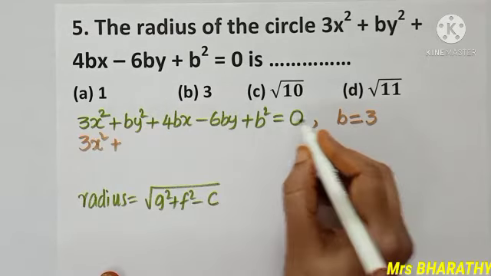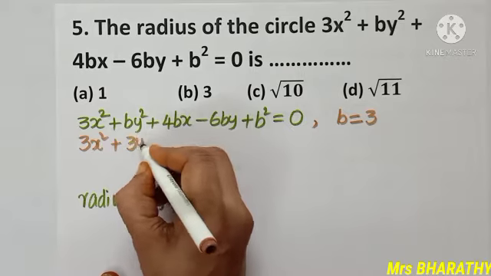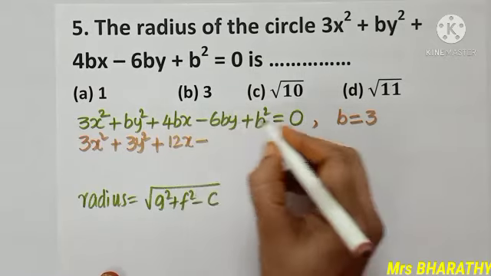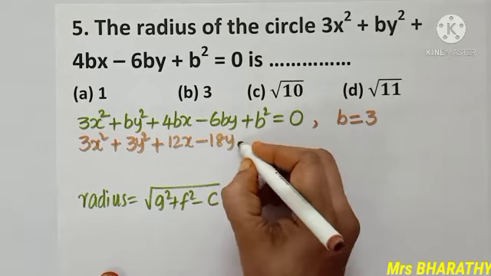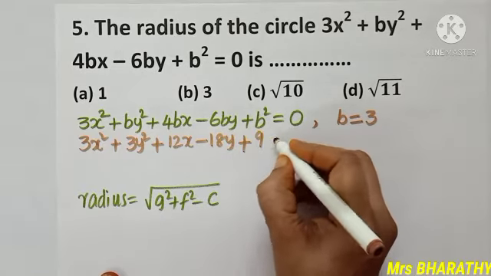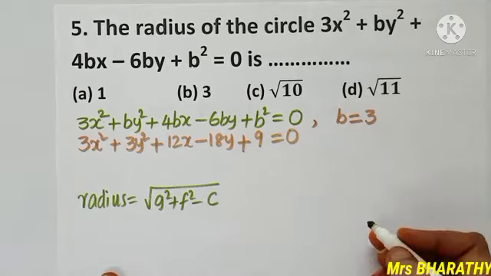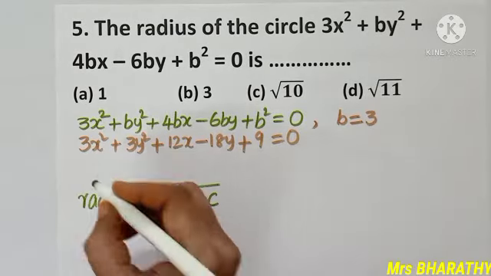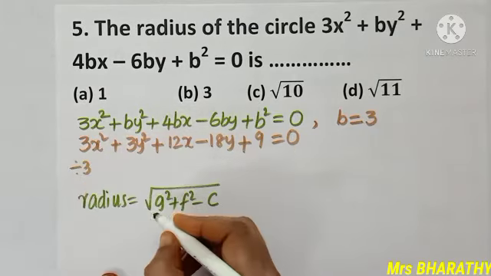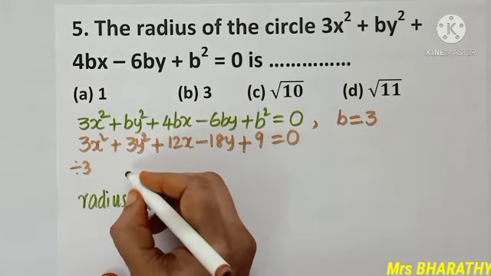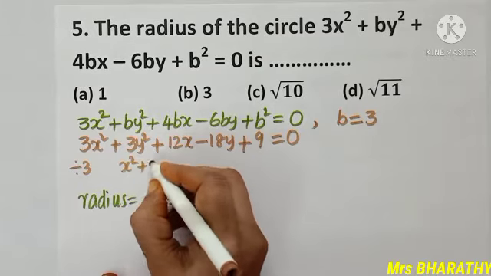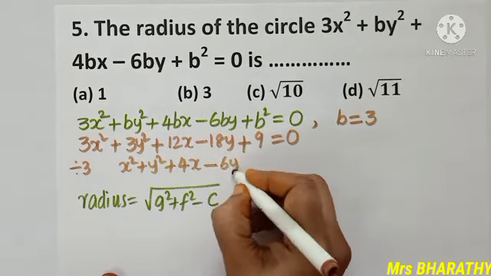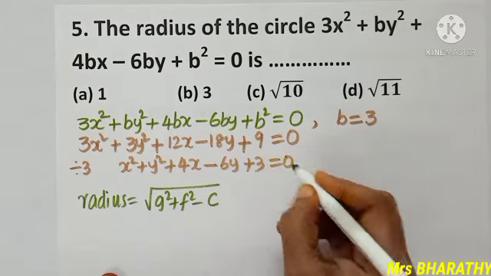Wherever B comes, let me put 3. 3y square, 4 into 3, 12x, 6 into 3, 18y, plus B square is 9, that is equal to 0. Comparing with the original equation, I need to divide by 3. So it is x square plus y square plus 4x minus 6y plus 3 equal to 0.